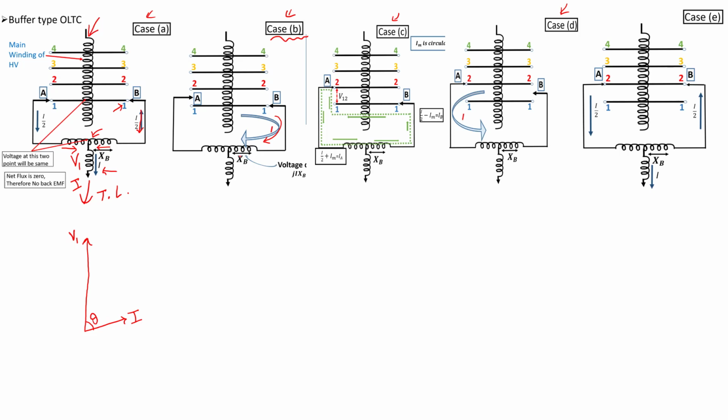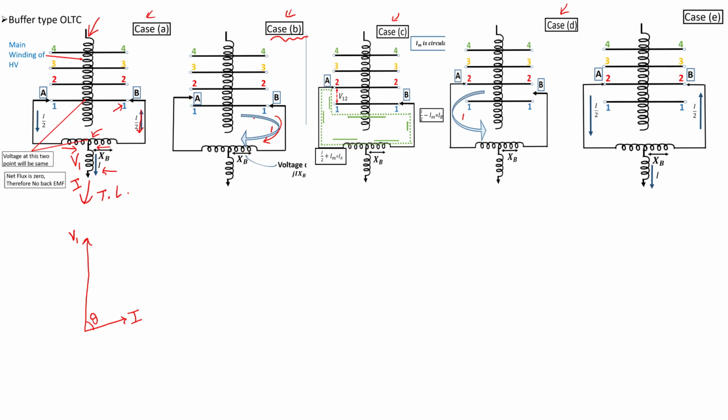Earlier, half of the current was coming from this side and half from this side. Therefore the buffer reactor had no flux, because the flux of each portion was opposing each other. Now, half of the portion has no current because A is lifted from tap 1.